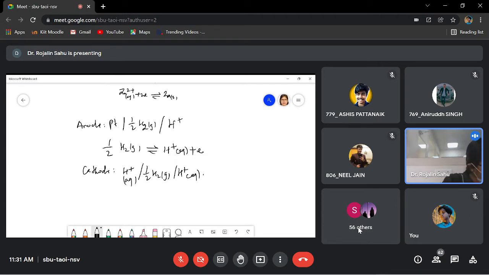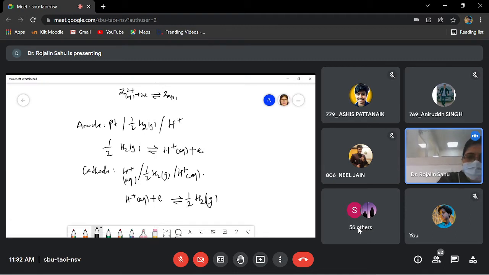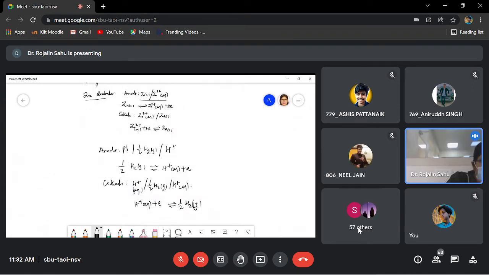Okay, so cathode, so the reaction is H plus plus electron gives half H2. Okay, so students, I just wanted to tell you that in this type 1 electrodes, the electrodes are reversible with respect to the electrode materials.